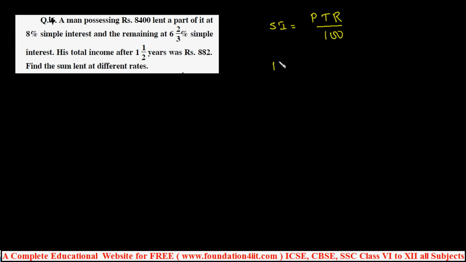From this, the rate of interest is simple interest into 100 by P into T. This is the complete amount of 8,400.